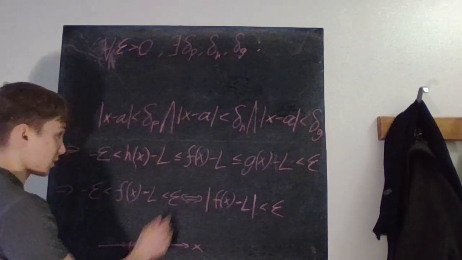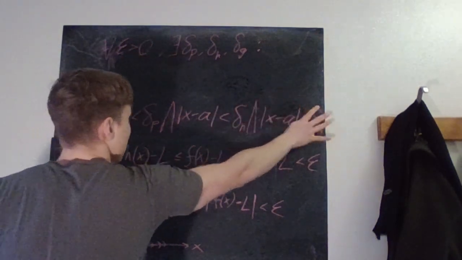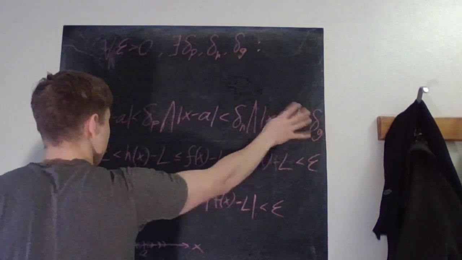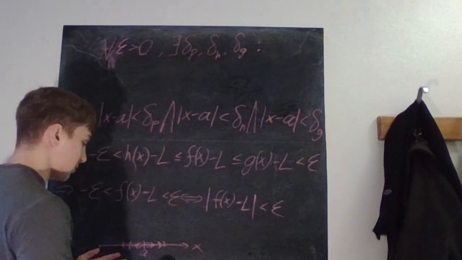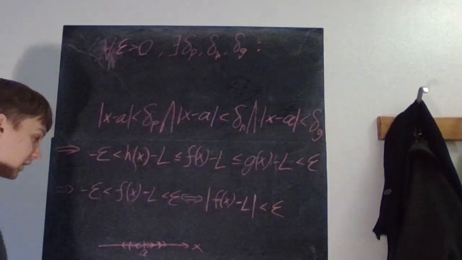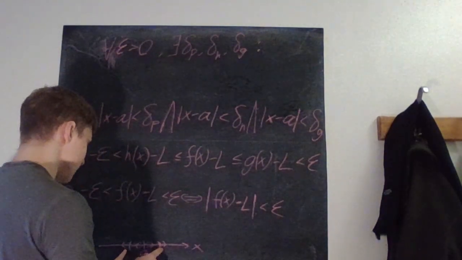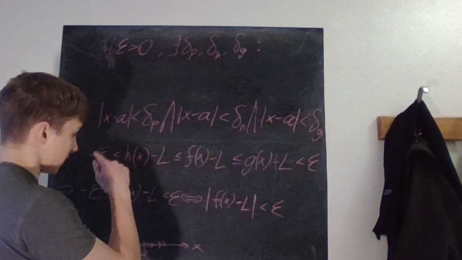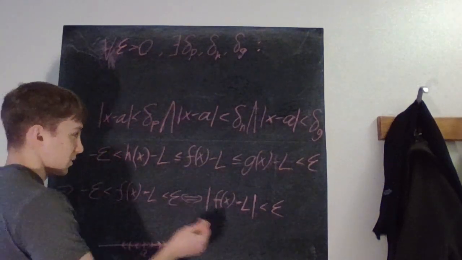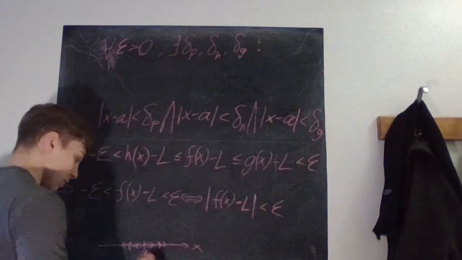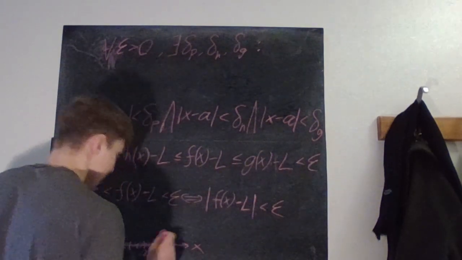So from just this statement alone, if we ignore this part here, of course it has to be inside the smaller interval. Because if it's in one of the intervals but not the other, then the and doesn't hold. The same thing applies when we add the third one, then we just get the smallest interval.